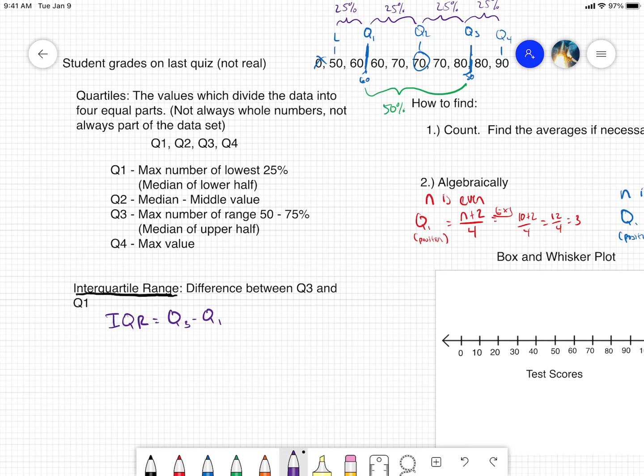And so this is going to tell us how much spread 50% of our data covers. Okay? So in this case, our IQR is Q3, which is 80, minus Q1, which is 60, which is 20, which means that 50% of our data covers only 20 different values. Okay?